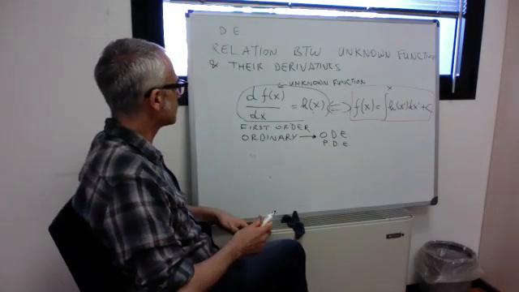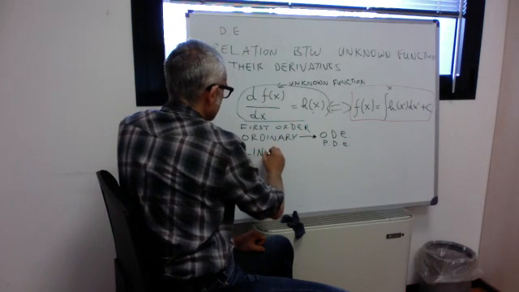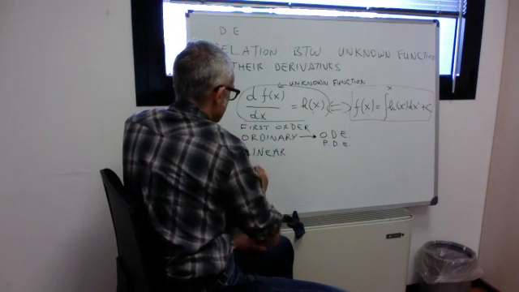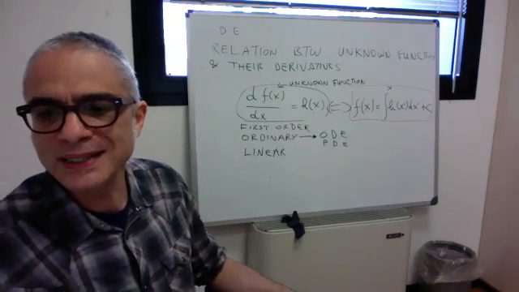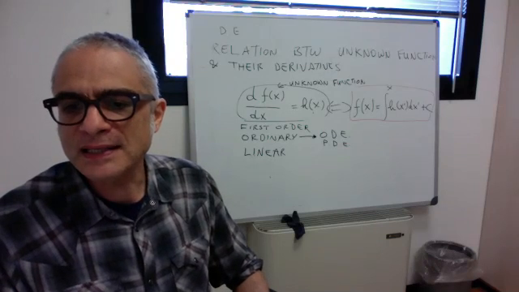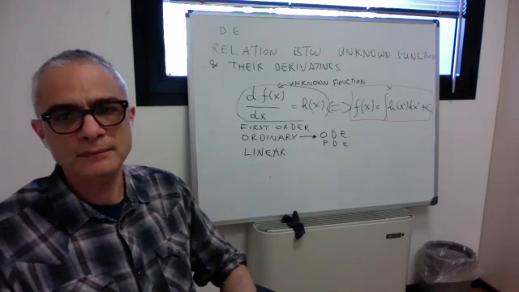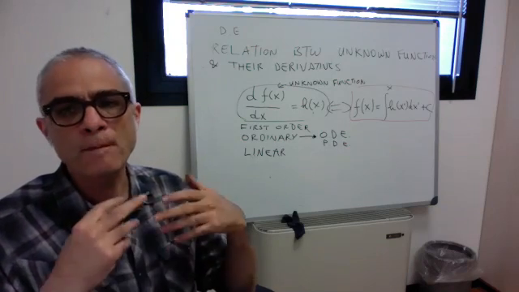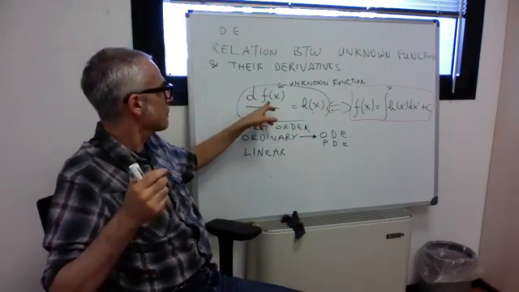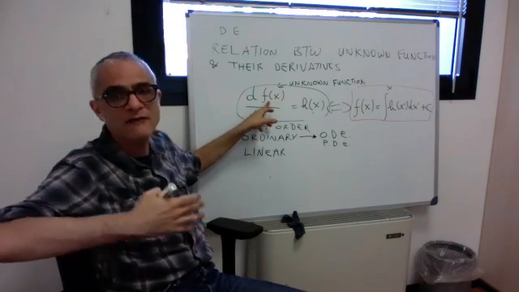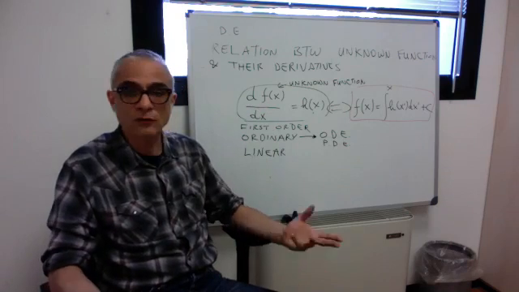And then another important property of this differential equation is that it is linear. What does it mean for a differential equation to be linear? It means that it does not contain products of the unknown function with one another, or powers of the unknown function, or nonlinear functions of that unknown function.